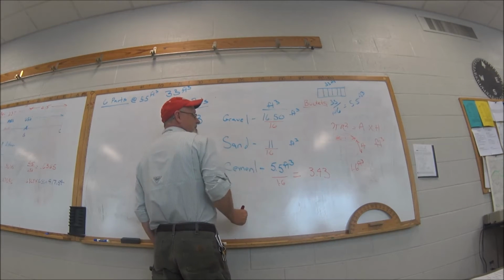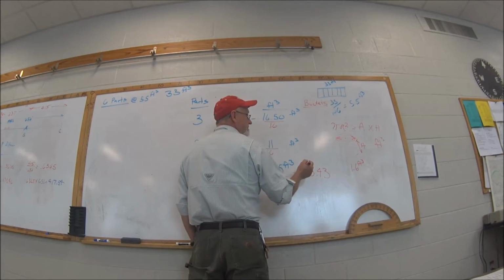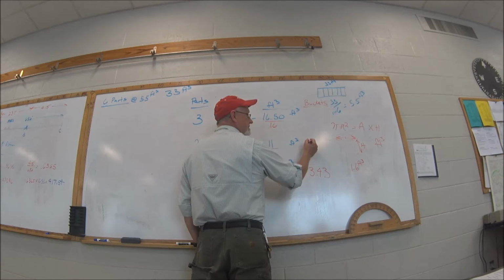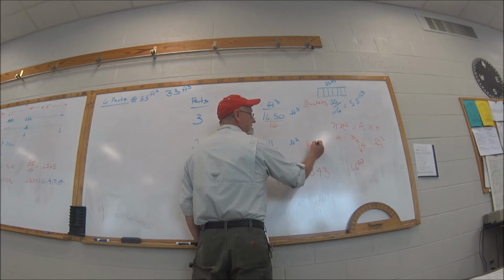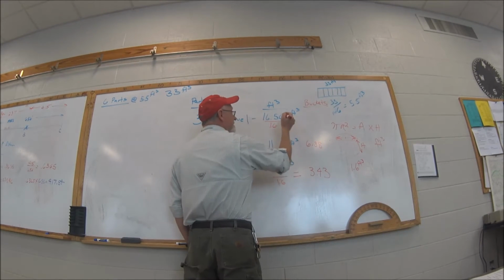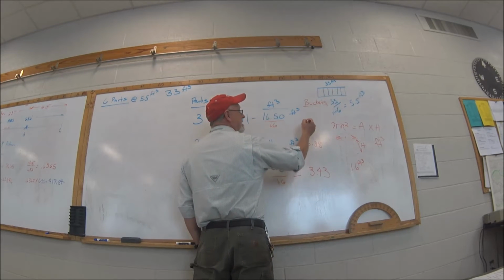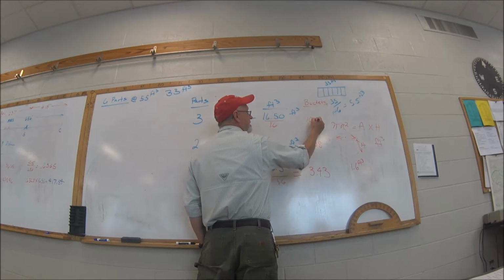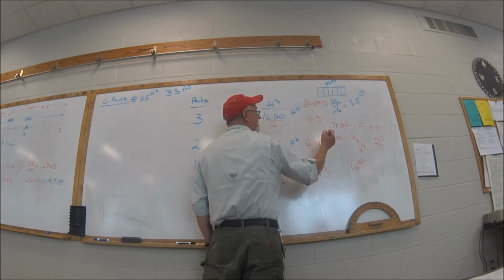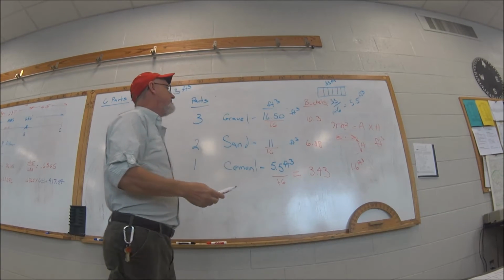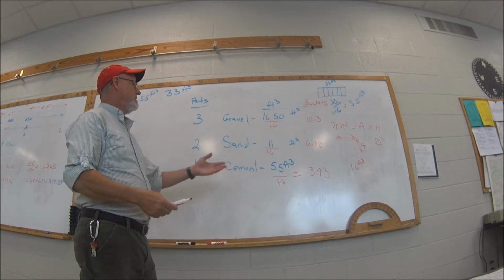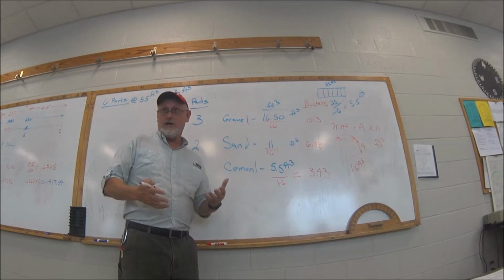How many buckets of sand do we need? 6.88, outstanding. What about this? How many buckets of gravel? 10.3. All right? Now you've got an idea what you've got to go get, right?